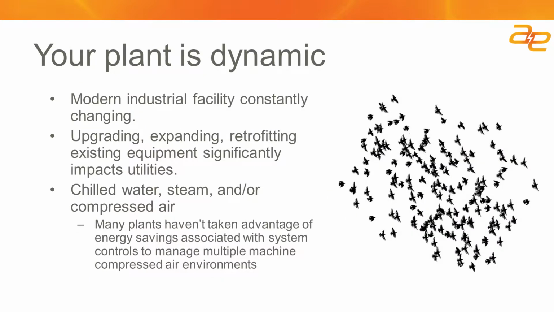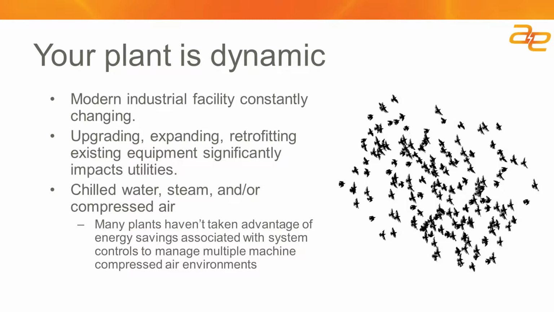Your manufacturing facility or your plant is a dynamic environment. It's constantly changing. So like everything, it needs to have the mechanism in place in order to address those changes. Those changes can be production levels, or an expansion occurring within your facility, so you're adding more machines or additional processes.